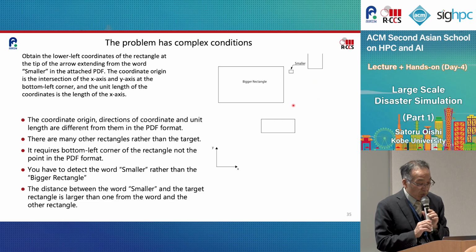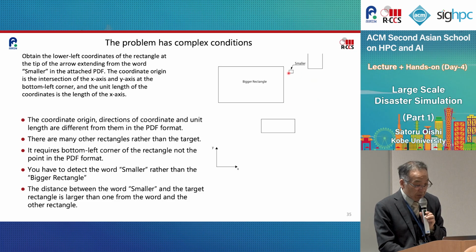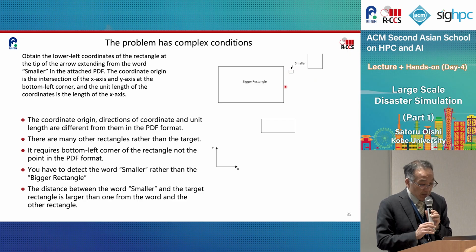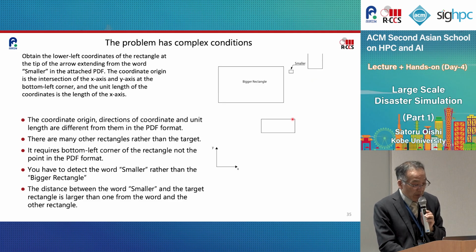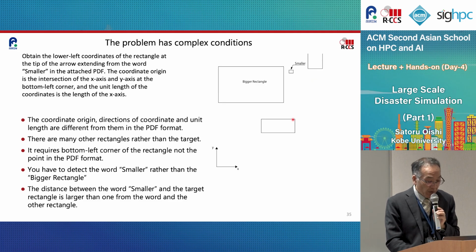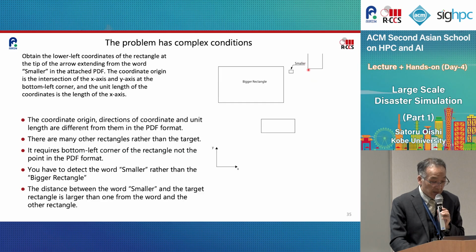It requires the bottom left corner of the rectangle, not the others, and not the point in the PDF point format. And you have to detect the word smaller rather than bigger.